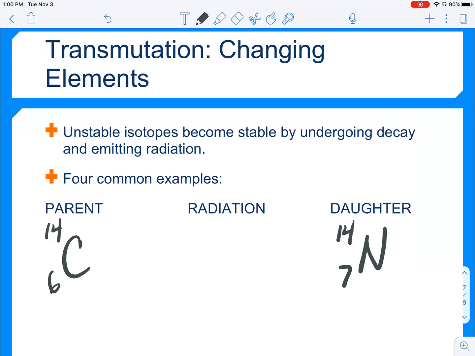And so if we look at what happens here, we have an atomic number that's gone up 1. So we have gained a proton. So that's not radiated, that's still within.